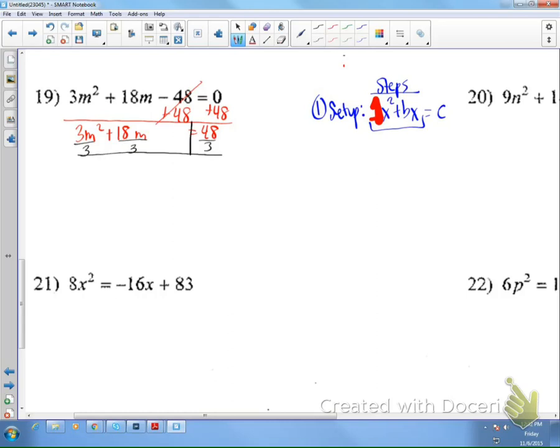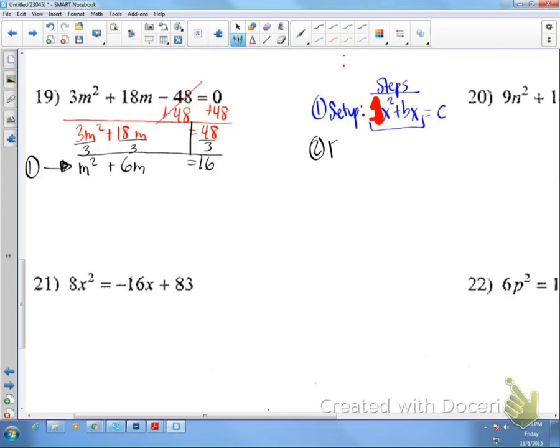Why every term? Because if you do it to one thing, you have to do it to all of them, right? So I'm going to put my arrow because this is my setup. Now I have 1m squared plus 18 divided by 3 is 6m equals, what's 48 divided by 3? 16. Thank you, 16. So it's set up.